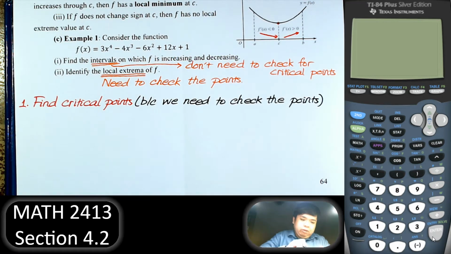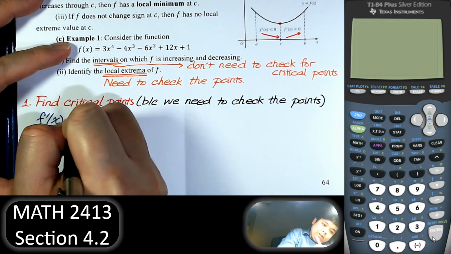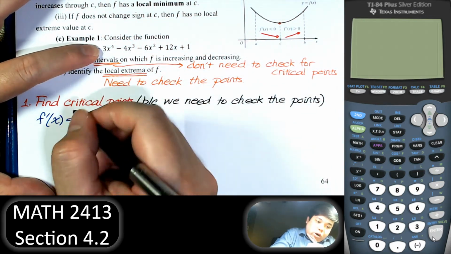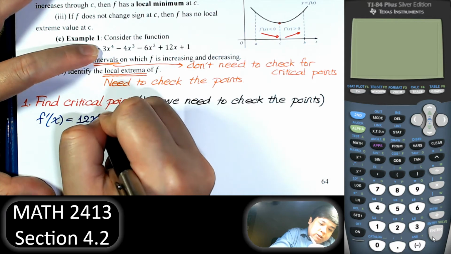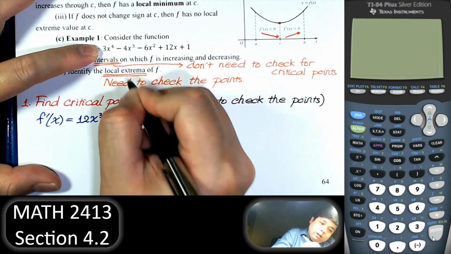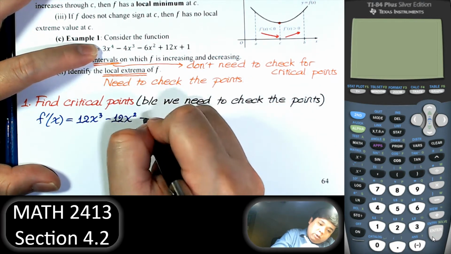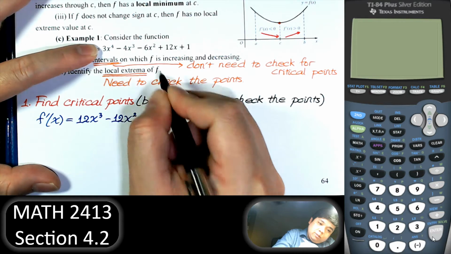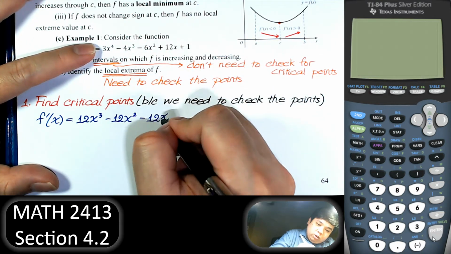Right, derivative. That gives us 12x cubed minus 12x squared minus 12x plus 12.